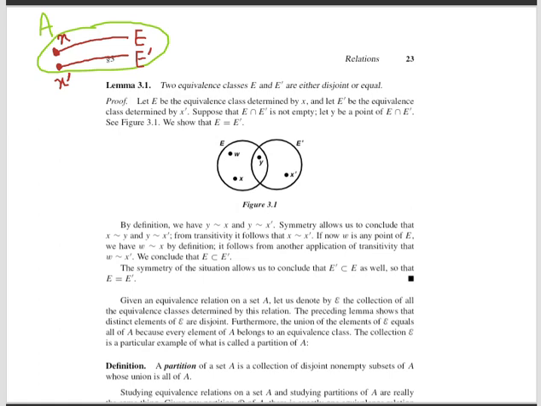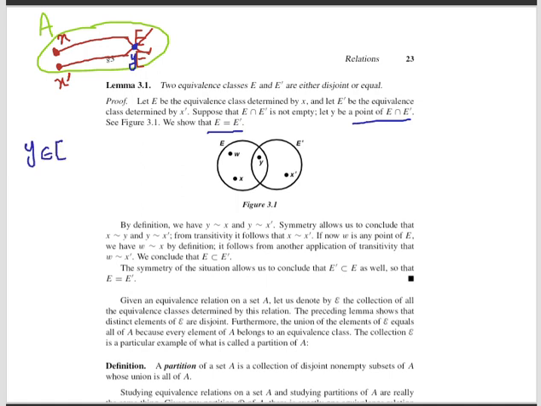Suppose that E intersection E prime is not empty. This means that they have a point in common, for example Y. Let Y be in the intersection of E and E prime. We show that E is equal to E prime. Why?